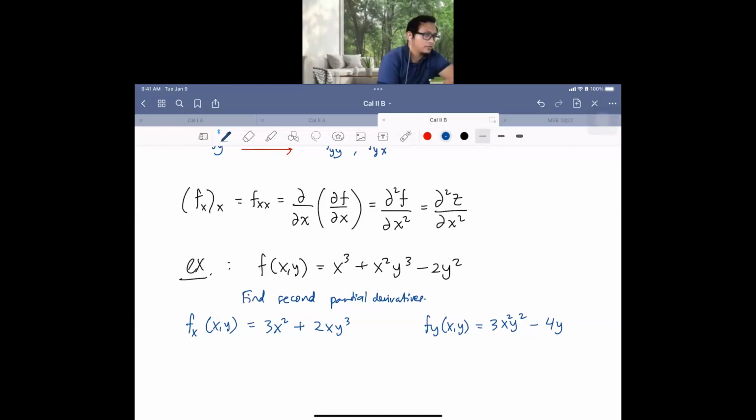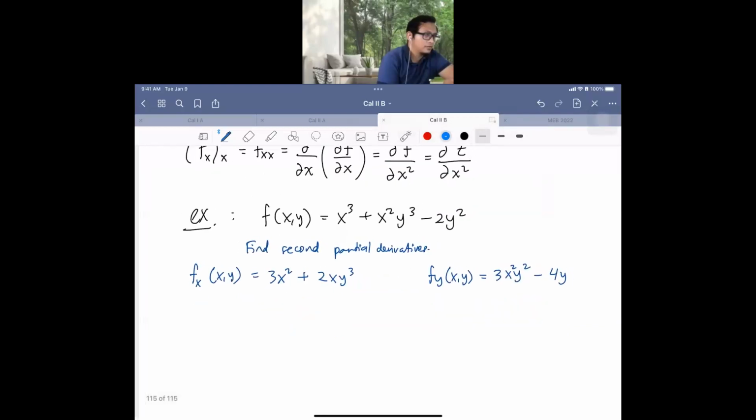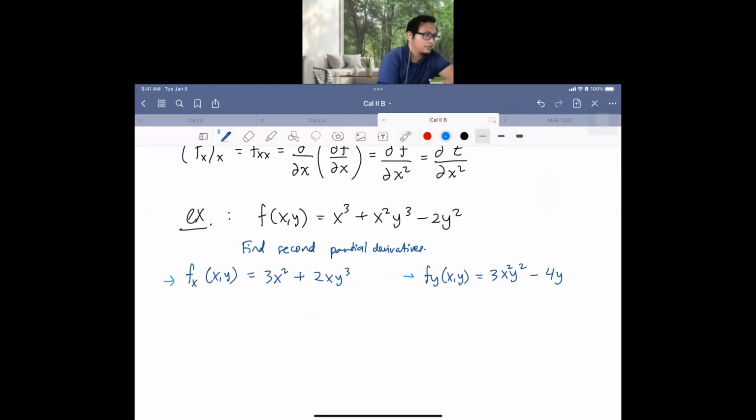Okay, now from these two partials, we derive one more time with respect to x and with respect to y. So we derive with respect to x one more time for partial x. We will get 6x plus, 2x becomes just 1, so 2y cubed.